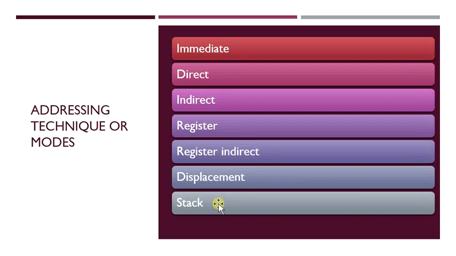The programmer is flexible to use different types of addressing modes, and by using addressing modes we are able to reduce the number of bits in the addressing field of the instruction. We are going to see the addressing modes one by one.